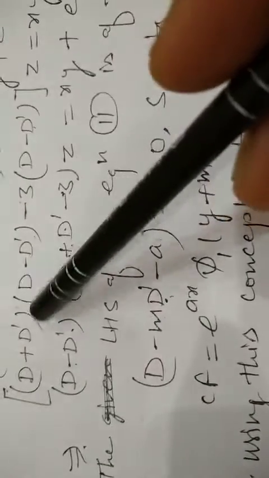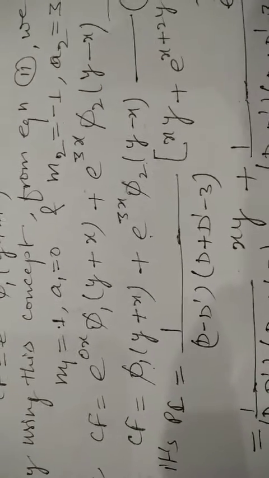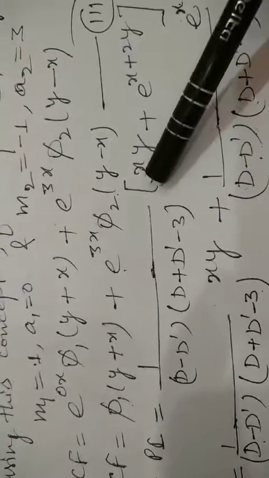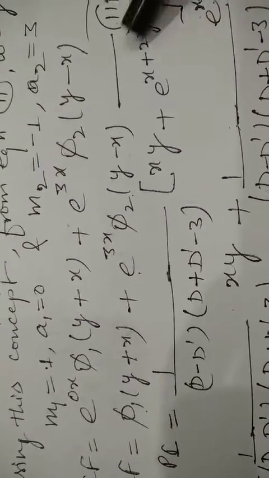and in other form. If the given factor is of this form, its CF can be expressed by this formula. So after comparing this with this standard form, we will obtain this. Now its CF can be written like this, and now by the previous method, whatever you have learned in previous classes, previous videos, you have seen the method to find the PI for x to the power m, y to the power n and e to the power ax plus by.